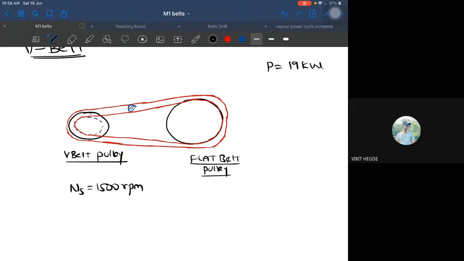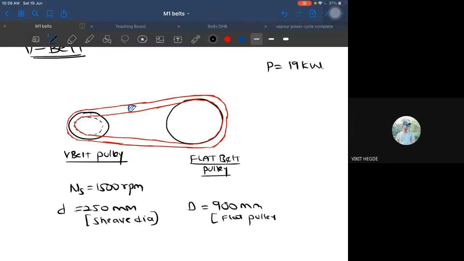So this pitch diameter, small d, is equal to 250 mm. I would just write sheave dia to be more clear. And the other side, capital D, is 900 mm, but here it is a flat pulley dia.